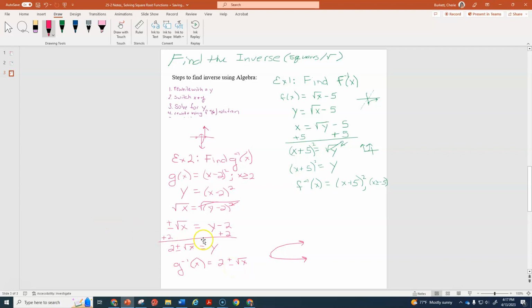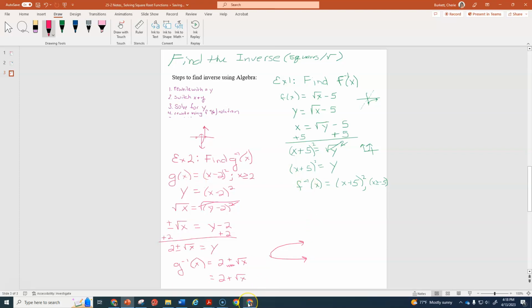So that's why, when we're having this restricted domain, it was going to be only giving us the positive branch, which means that we're only going to have the positive branch of this one. So we're actually not going to include the negative. It's going to be 2 plus the square root of x.